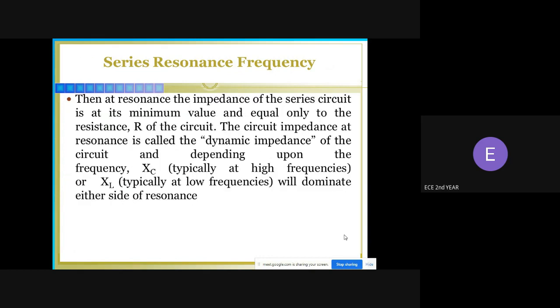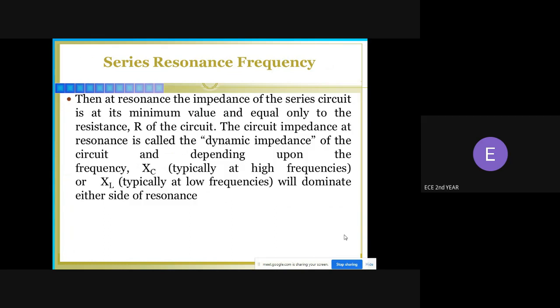Then at resonance, the impedance of the series circuit is at its minimum value and equal only to the resistance of the circuit. The circuit impedance at resonance is called the dynamic impedance of the circuit, and depending upon the frequency, XC at lower frequency and XL at higher frequency will dominate either side of the resonance.